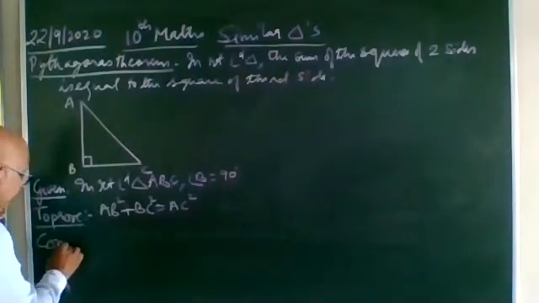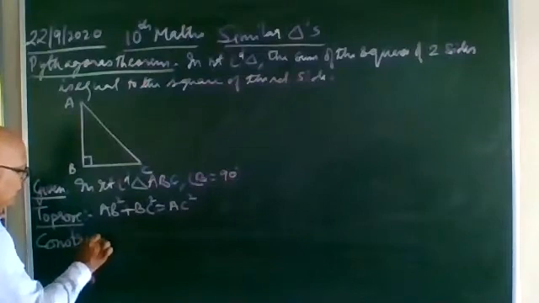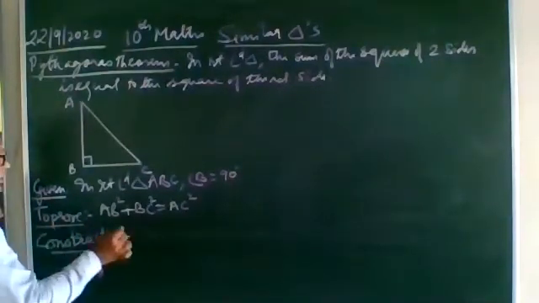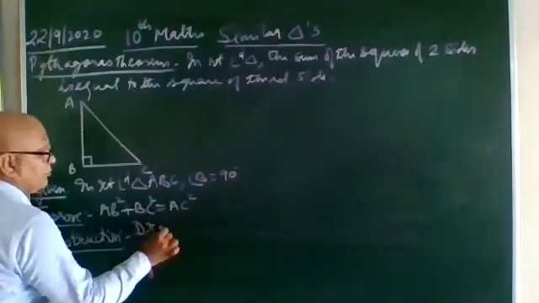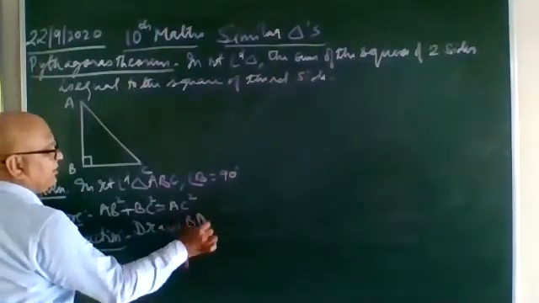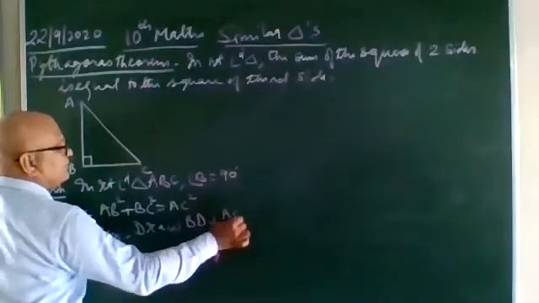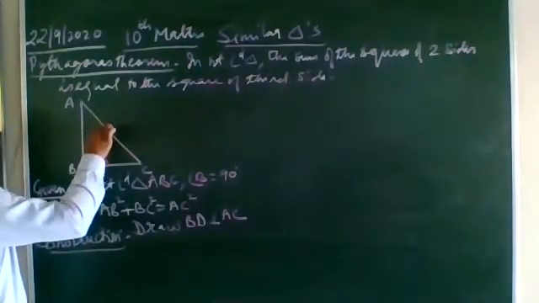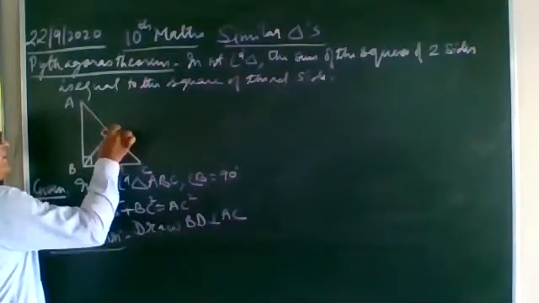Now construction. Draw BD perpendicular to AC. This is BD perpendicular to AC.